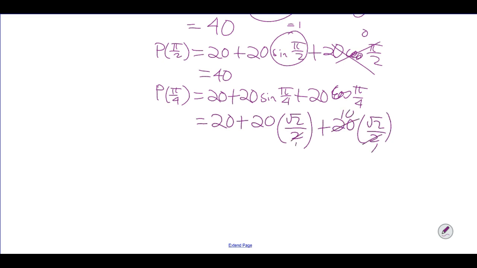So it's 20 plus 20 root 2, which is greater than 40 and is the max, because these guys are both 40. Root 2 is 1.4, so that's bigger than 20, that's bigger than 40, and we have a maximum.